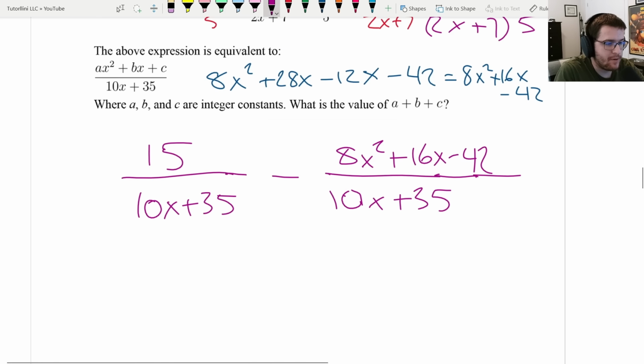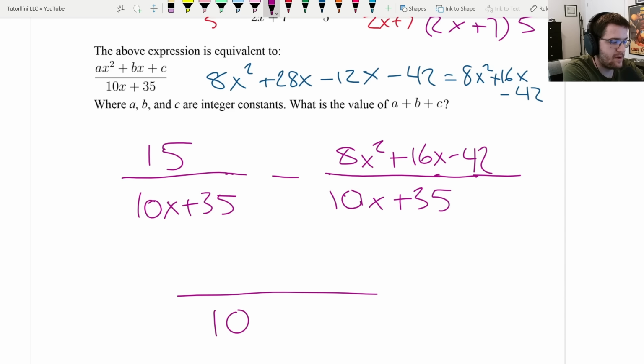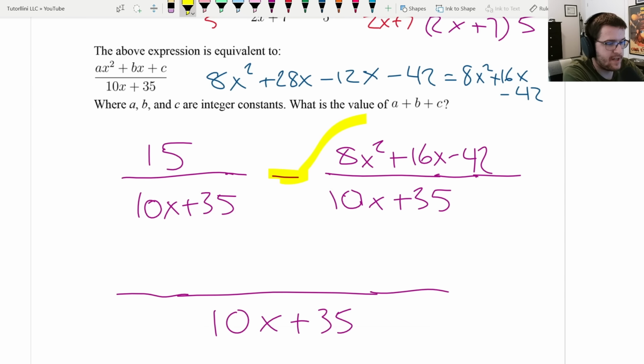Now when we combine them, we have to remember to change the sign of everything on that right fraction, because this minus sign gets distributed to the whole thing. This is what would make everyone get it wrong. They'd be pretty good on the first half, but then they'd put the minus only on the 8x squared and forget to put it on the 16x and the minus 42. So don't forget to do that. The minus, when it's in front of a fraction, goes to the entire fraction.